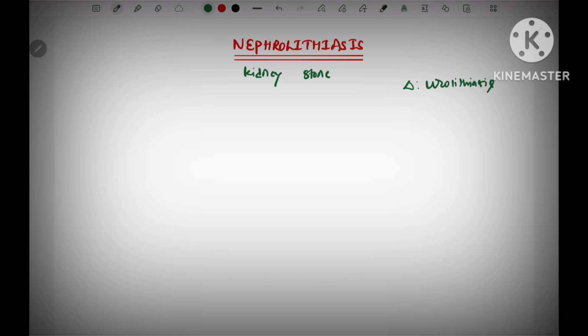Now after this, the teacher will ask: okay, urolithiasis, then what is the most common site of stone that you suspect from your examination findings or from the history? Then you mention that the pain is in the loin and radiates to the thigh region, which means there is peristalsis in the ureter.